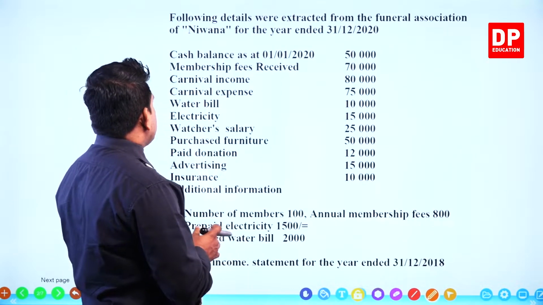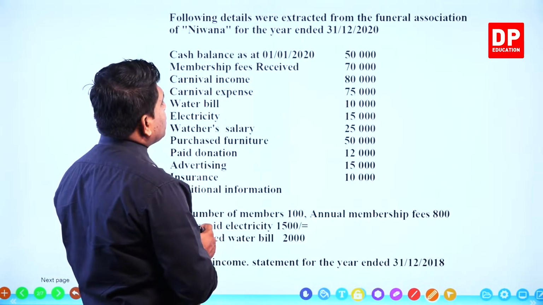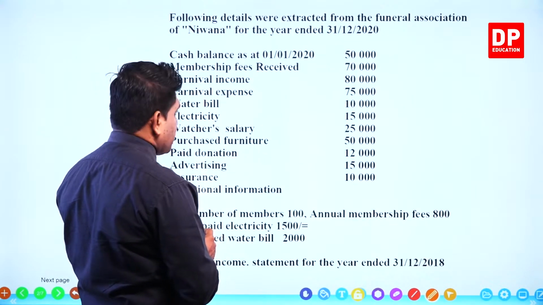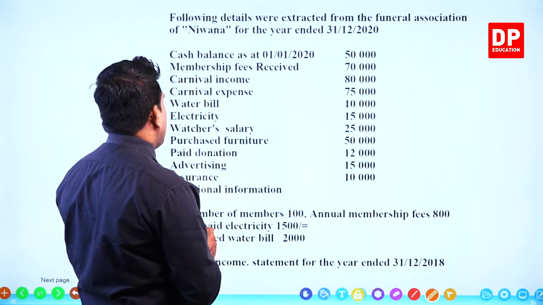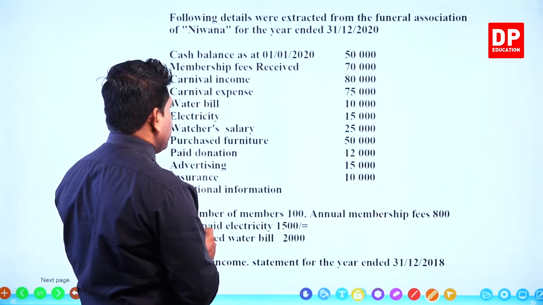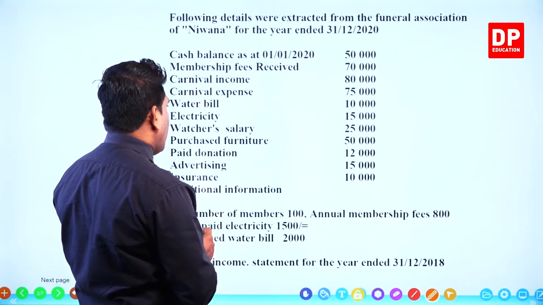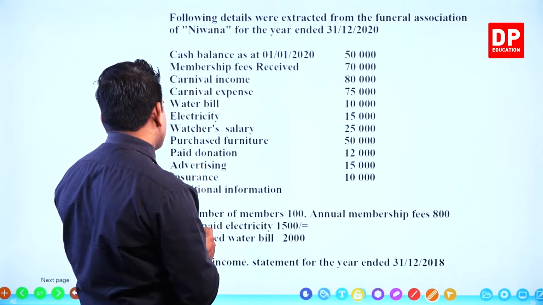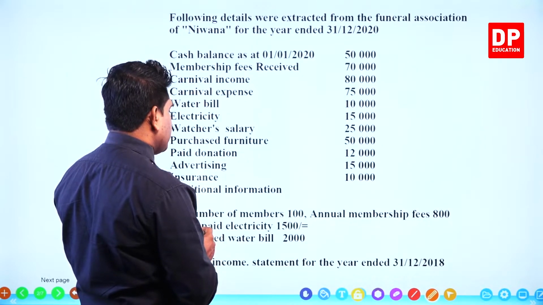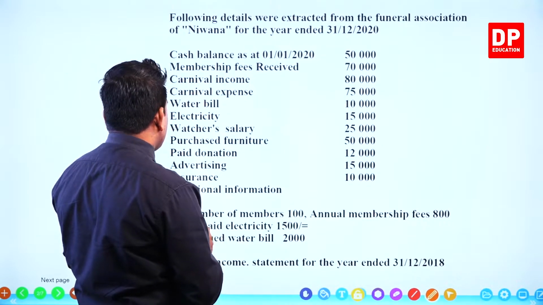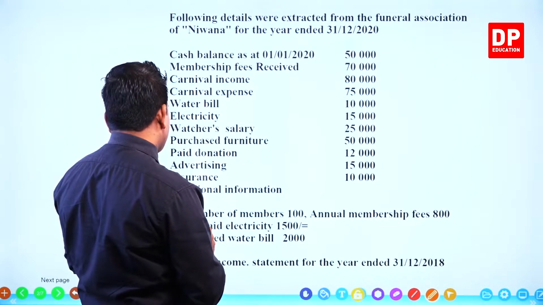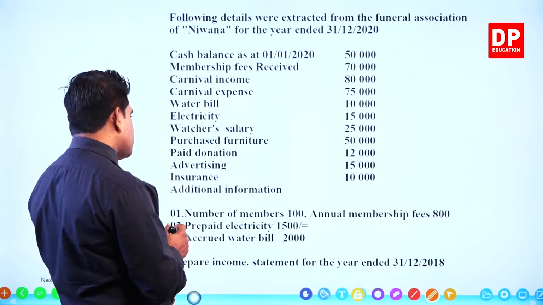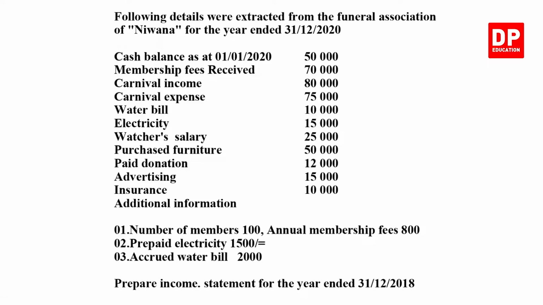Cash balance as at 1st January 2020, 50,000. Membership fees received 70,000. Carnival income 80,000. Carnival expense 75,000. Water bill 10,000. Electricity 15,000. Salary 25,000. Purchase furniture 50,000. Paid donation 12,000. Advertising 15,000. Insurance 10,000.